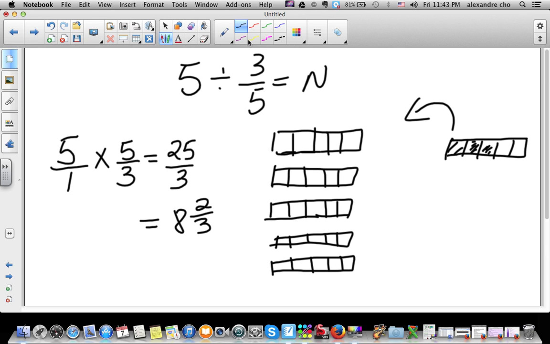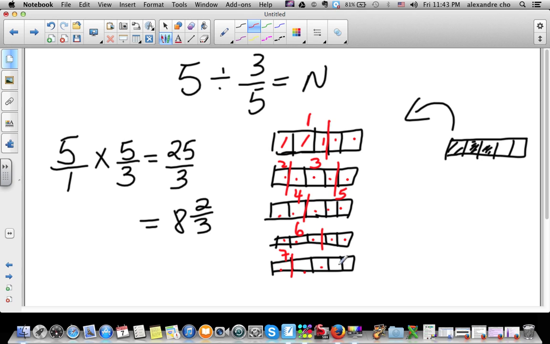Let's do this using red. That's what it means. So you can fit 1, 2, 3, that's one group right here, 1 time. 1, 2, 3, that's 2 times. That's 3 times, 4 times, 5 times, 6 times, 7 times.